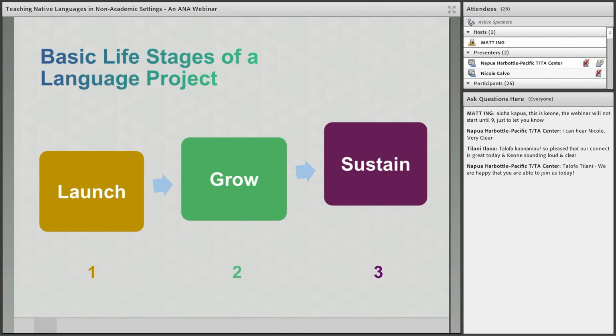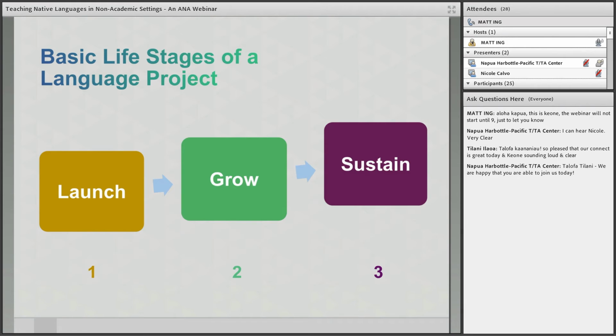So this growth stage is very, very important because this is when you start building upon that foundation that you laid on the launch in order to go to that third step, which is how to sustain not only the program, not only the project, but to sustain the language. So this is really, really important.